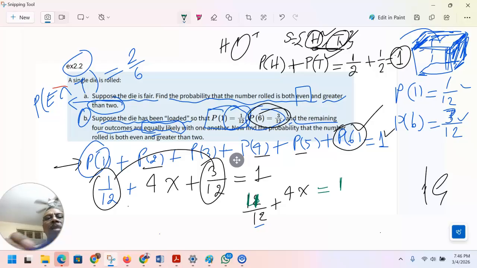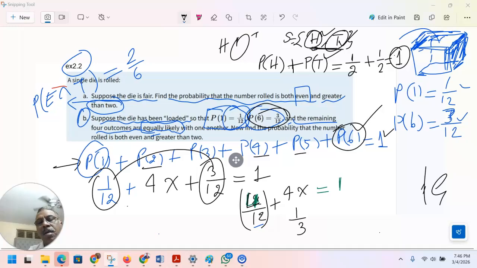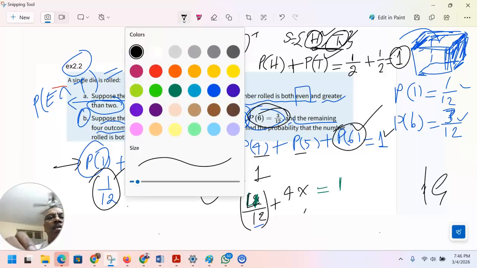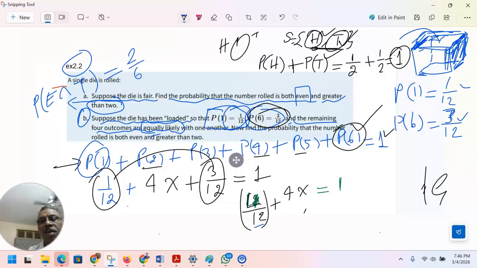You can also write this 4 over 12 as 1 over 3, but we will leave it like that. So I'm going to subtract 4 over 12 from both sides.